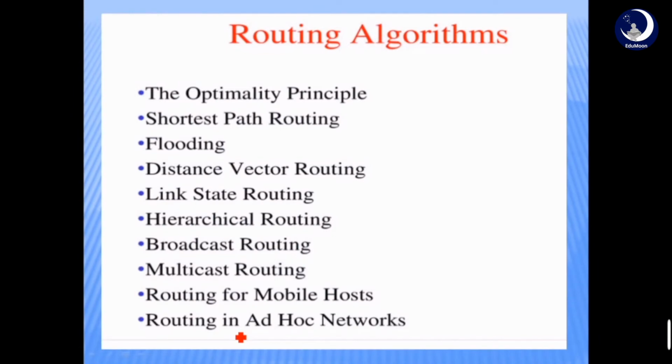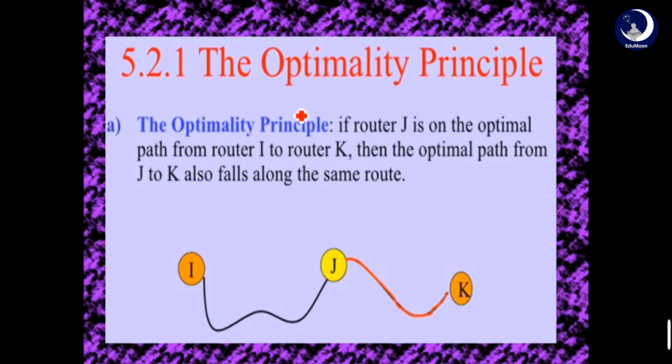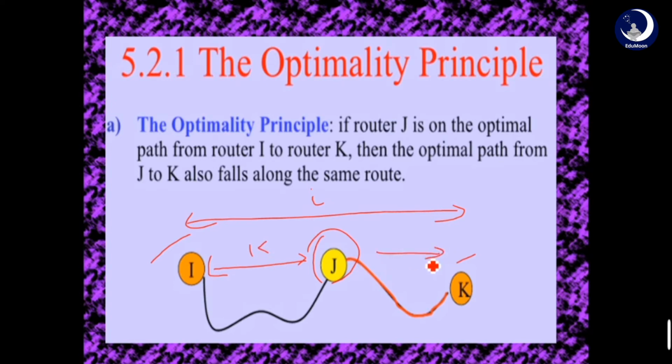Next is optimality principle. This is the first algorithm. Here consider an example where there are two routers I and K and the router between them is J. Here if we consider an optimal path, that is the total path from I to K, let us assume that the path from I to J is as K and from J to K is as J. Here the optimality principle states that if the path from I to J is K, which is optimal, then the path from J to K also will be optimal.